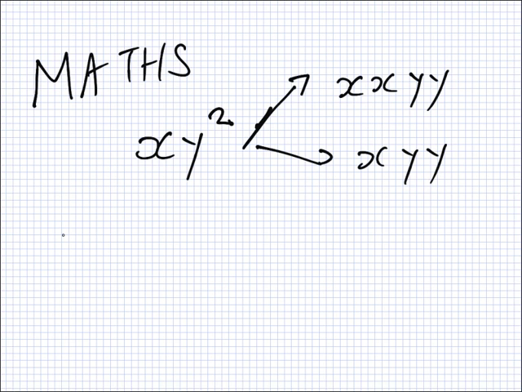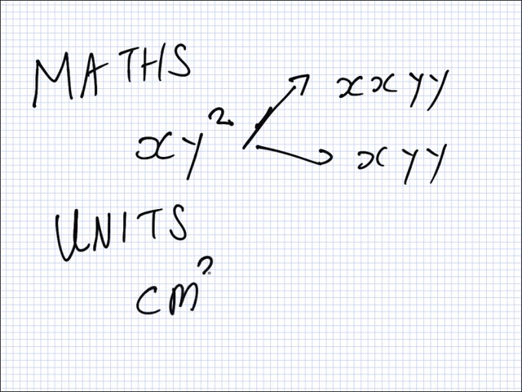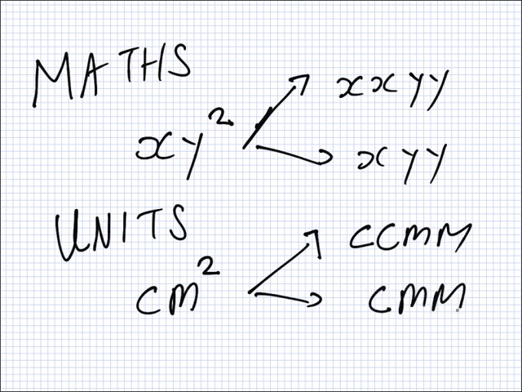However, when I'm talking about units, if I was to write something like centimeters squared, do I mean centi, meter, meter, or do I mean centi, meter, meter? Which do I mean? The top or the bottom? Top. I actually mean the top. In other words, in units, when I write that, I really mean this.